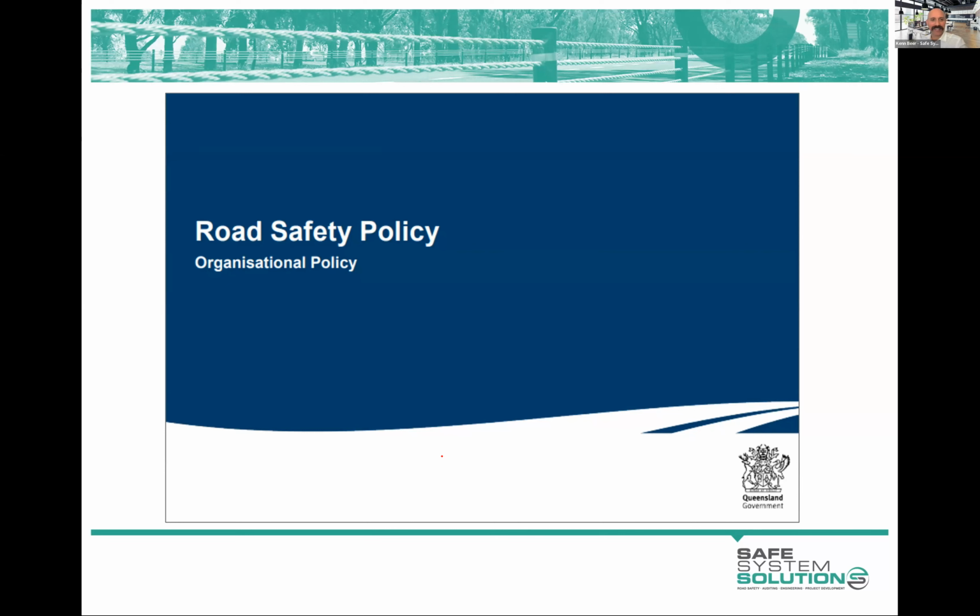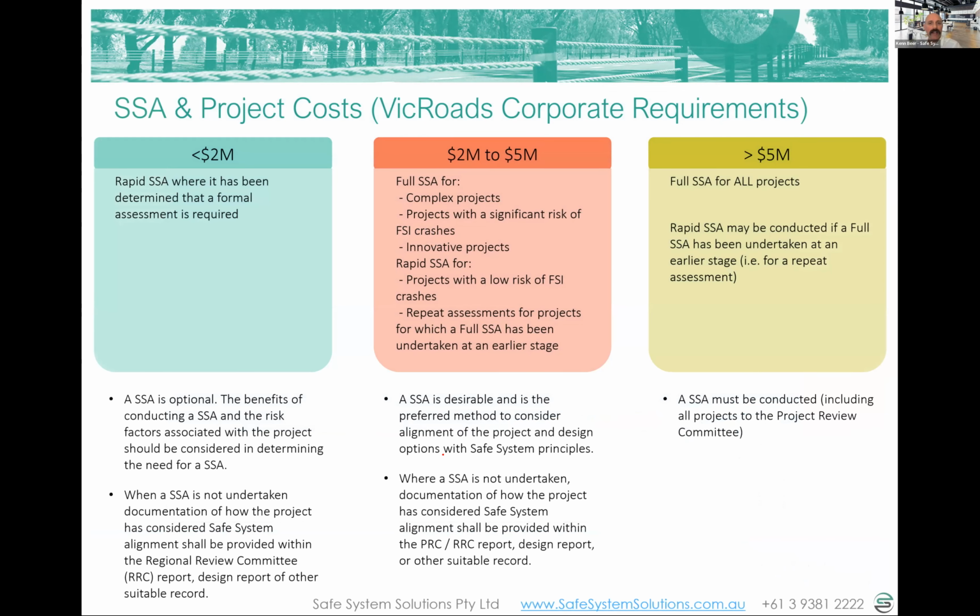Okay, back into it. So, yeah, Queensland's ticking along nicely there. I'll just briefly show you a couple of things. Queensland had said on all infrastructure projects, safe system assessments should be done.